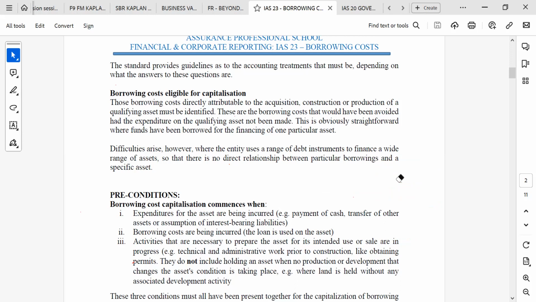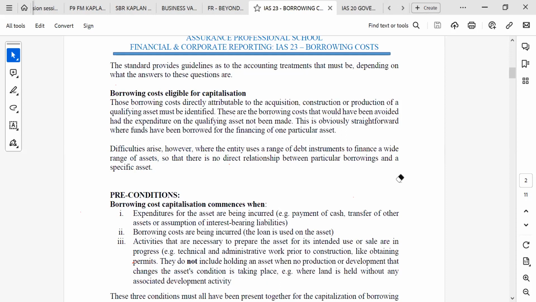You can purchase the cement, but there's no sign that we are actually going to construct the building. The place is still bushy, the place is not cleared. And there can be a lot of evidence to show that the company is likely to be using the cement for a different thing, not this particular asset.